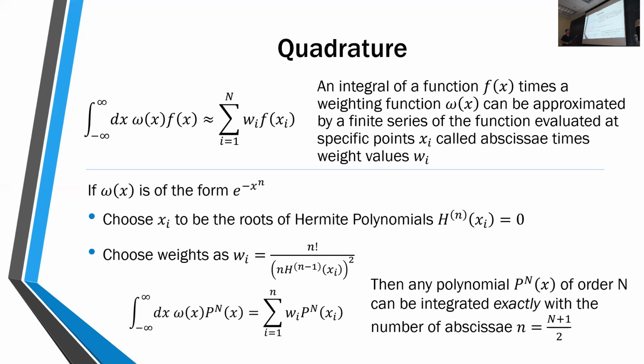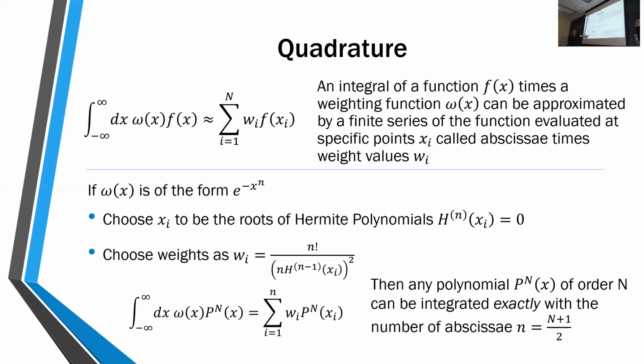It turns out that for Gauss-Hermite quadratures, if your weight function looks like that form, you can take the Hermite polynomials and get the roots, which we'll talk about later. The roots will identify what your x's are.